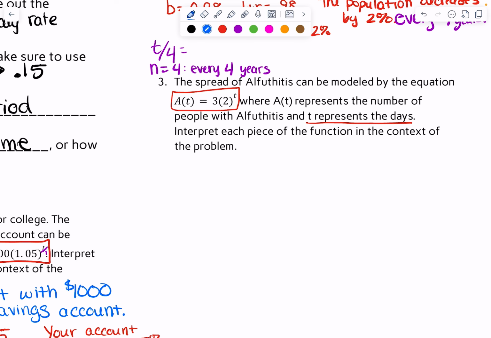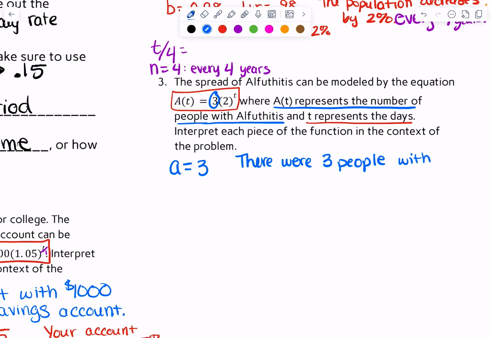So again here, the 3, that's going to be our A. And if we're interpreting that, since A of t represents the number of people with alpha-thytis, there were 3 people with alpha-thytis to start with.